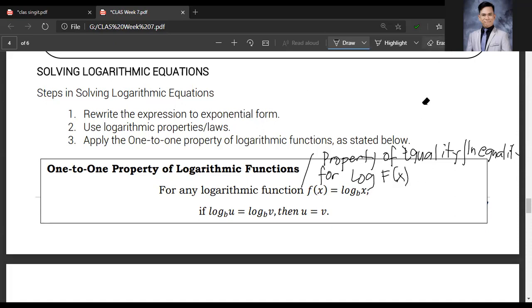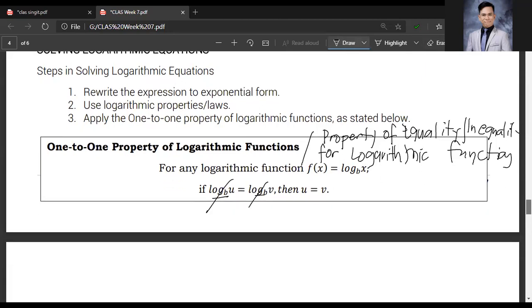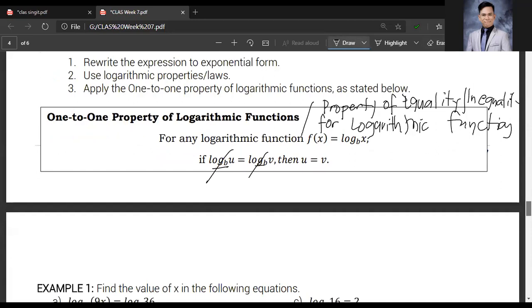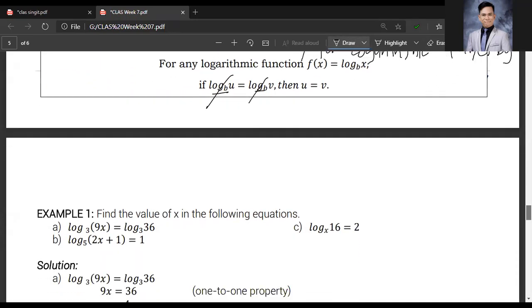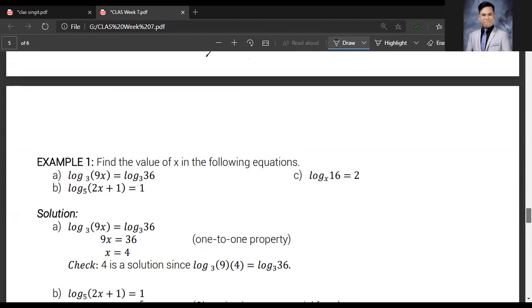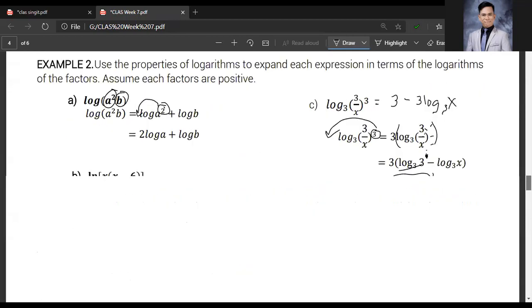Sige, logarithmic function na lang para general. Kapag nilagyan mo ng log yung kabila, lagyan mo rin ng log yung kabila. Or kapag tinanggalan mo ng log yung kabila, tanggalin mo rin yung kabila. So yan lang yung property na gusto niyang ipahiwatig. Katulad na karaan, di ba? Kung pareho ng base, tanggalin mo yung base. Ito na, sige. So find the value of x. Ito yung goal natin. We need to solve.